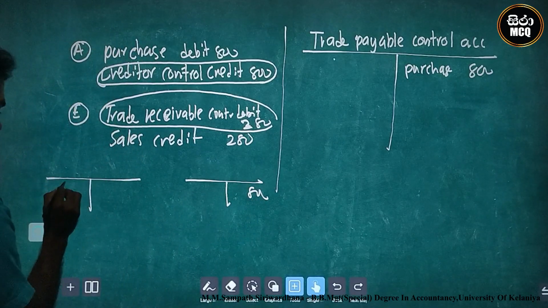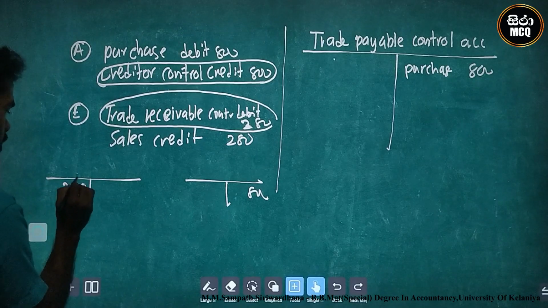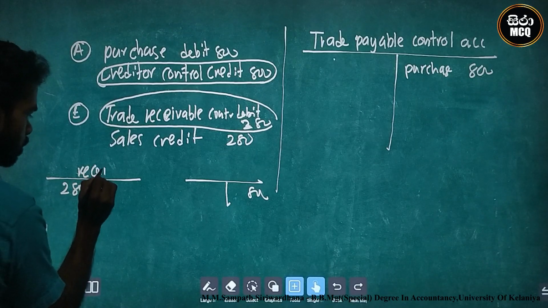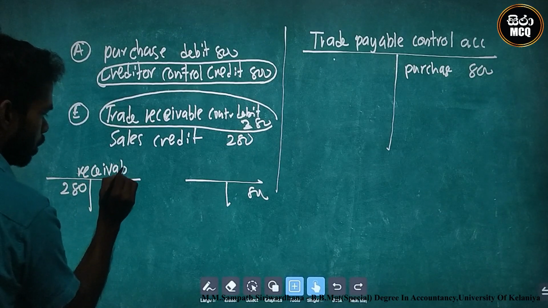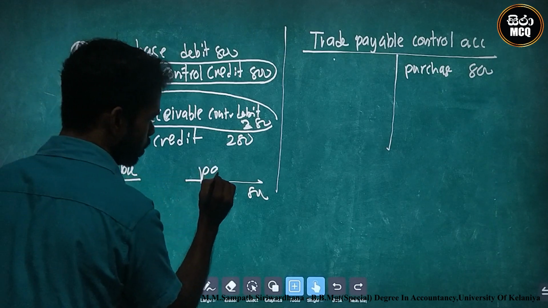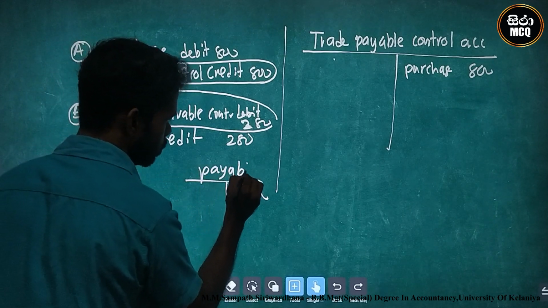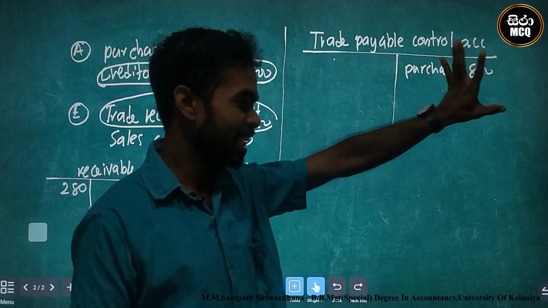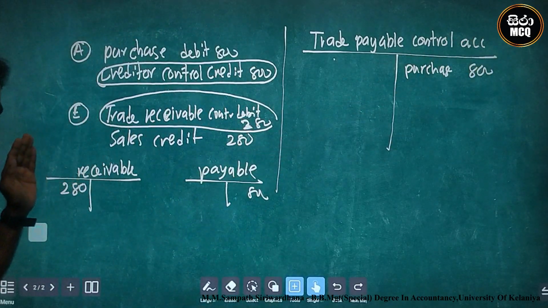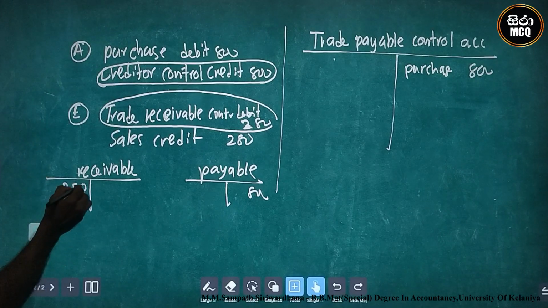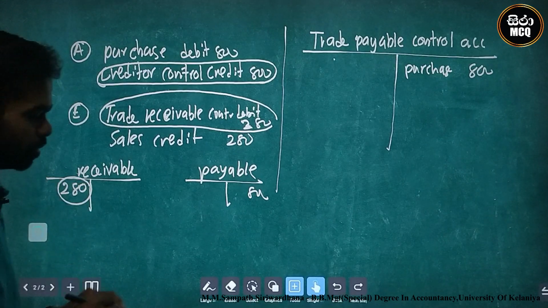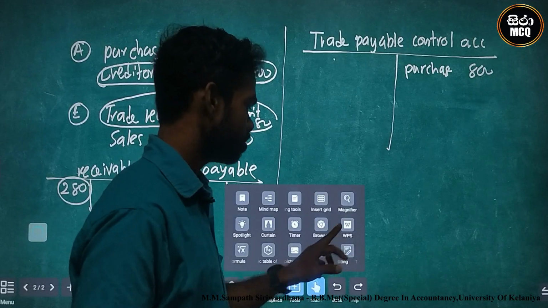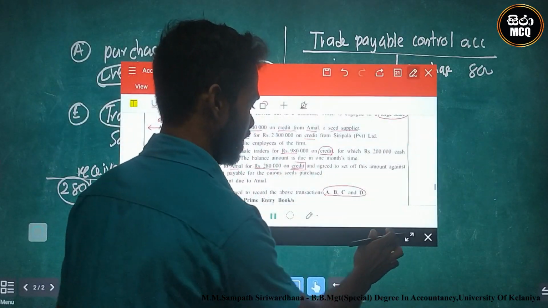There is a receivable 280. This is the receivable, from the same person, Amal. This is the payable. There is a payable of 800 rupees, and there is a receivable from sales to Amal of 280. They said that they would like to set off. Look here.